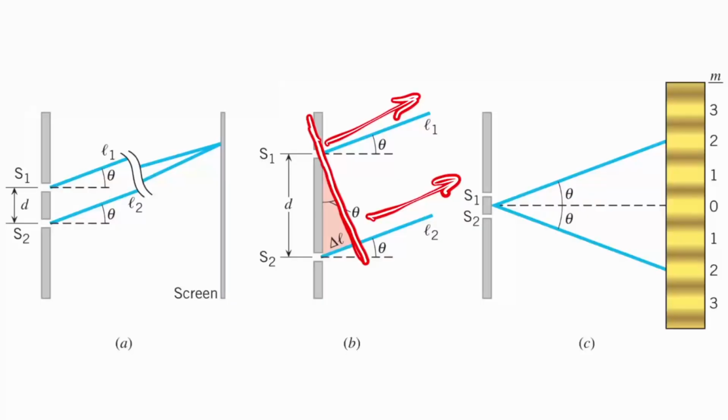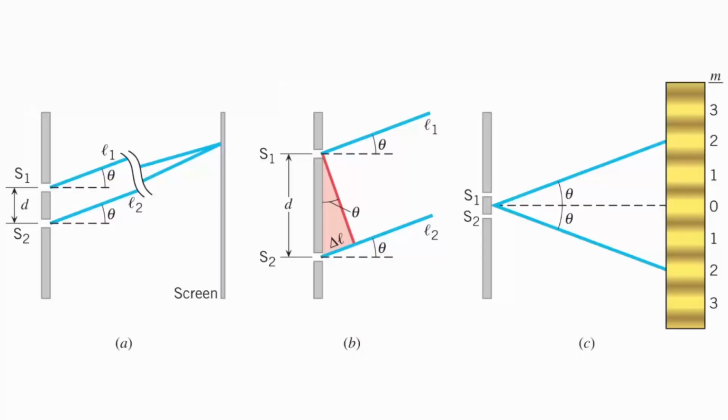The light's going up to hit a point on the screen, and these two parts are exactly the same length. But the bottom wave has gone an extra distance right here. There's a little tiny bit of extra distance that the bottom wave has traveled.